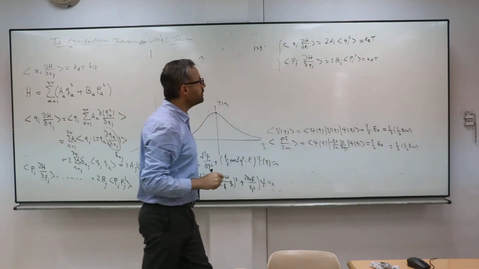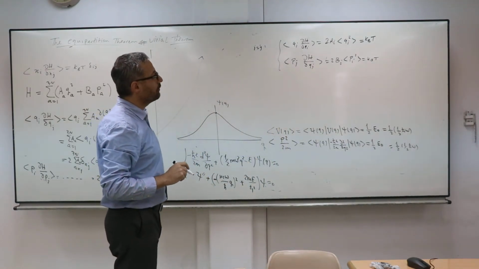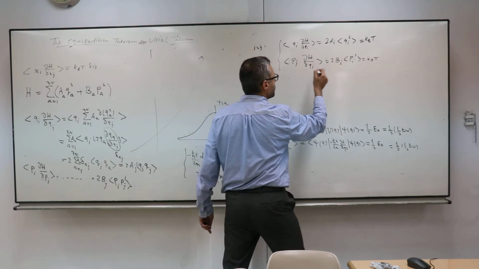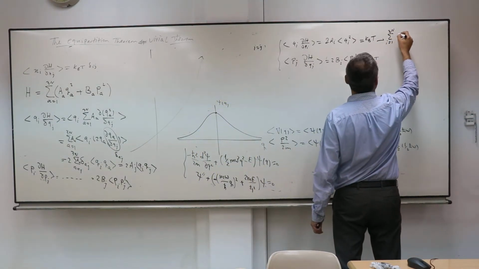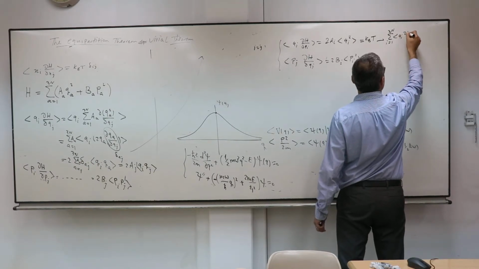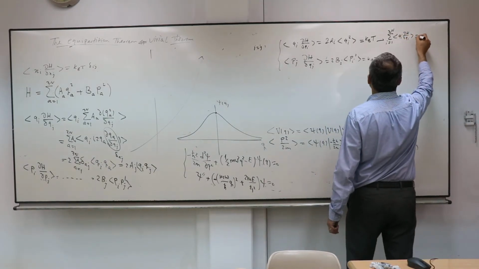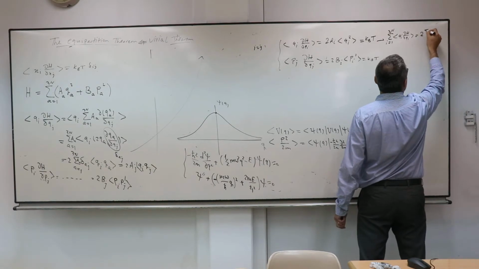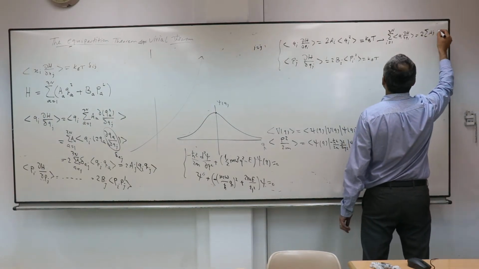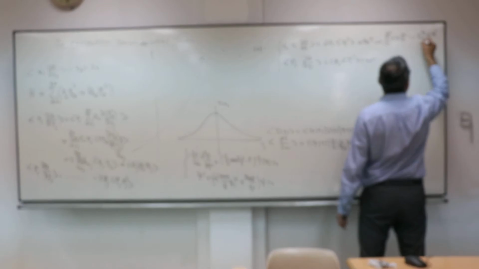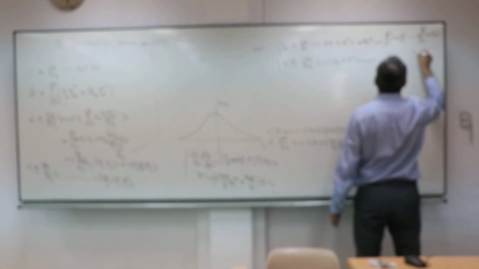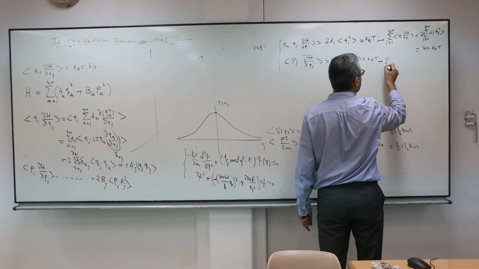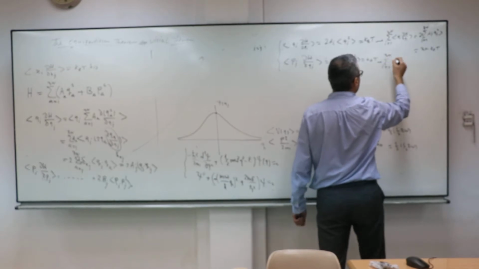Now if I make a summation over this from i equals 1 to 3n, I will get just the sum from i equals 1 to 3n of this expression, which will be 3n kBT.